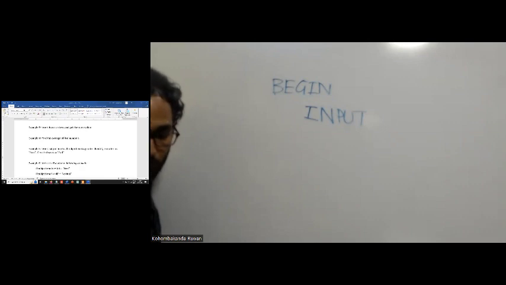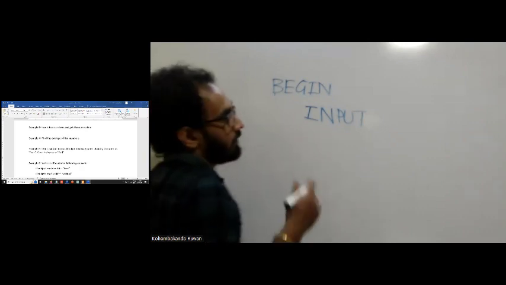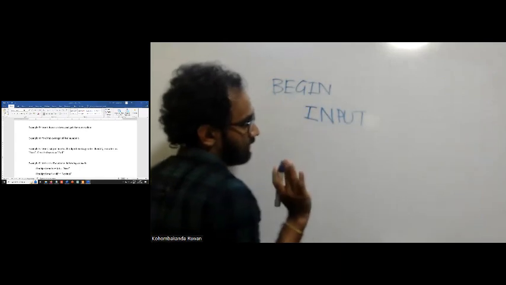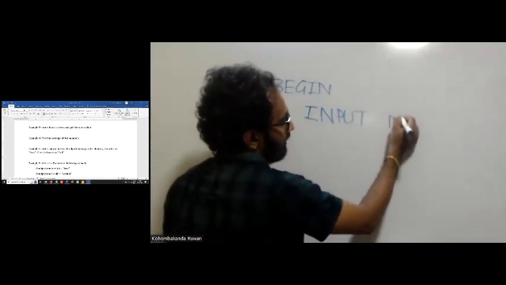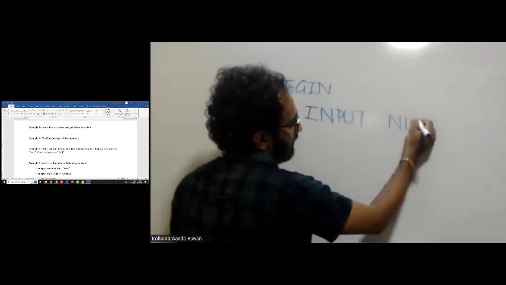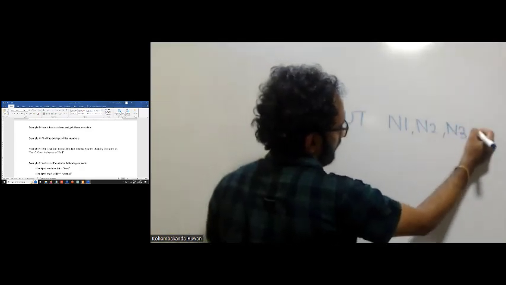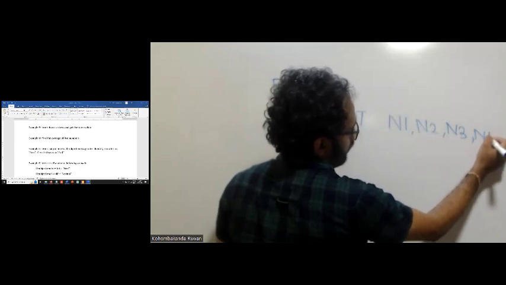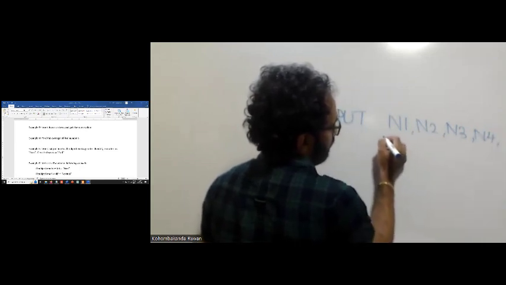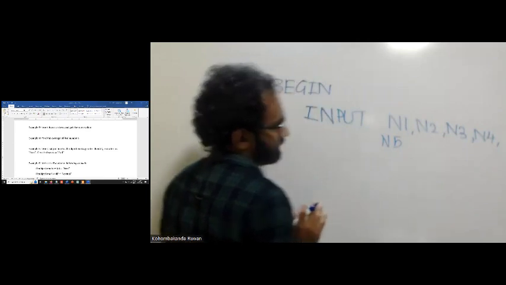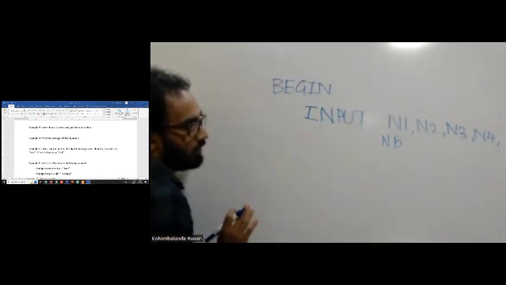What are the inputs here? Five numbers. Then you can write like this: num1, num2, num3, num4, num5. Like this. All right.